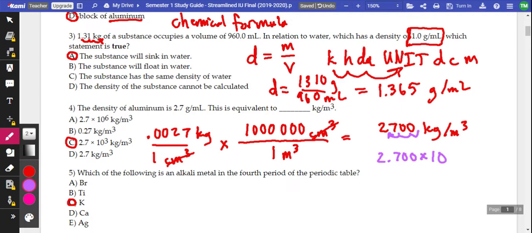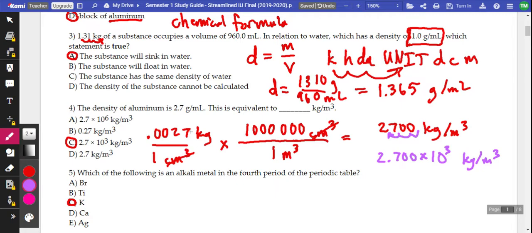So I want this to be positive so I can remake my big number if I need to undo the scientific notation. My units are still kilograms per meter cubed, and that's what we should get. 2.7 times 10 to the third kilograms per meter cubed.